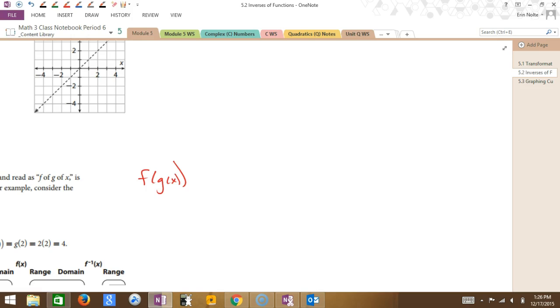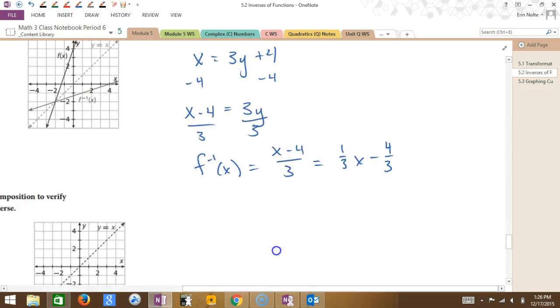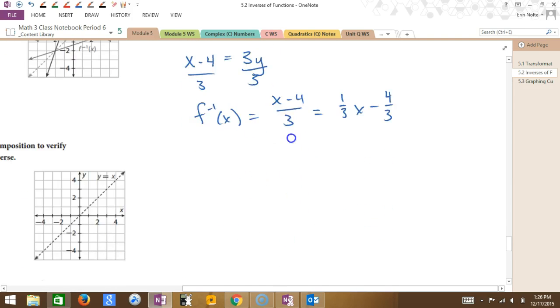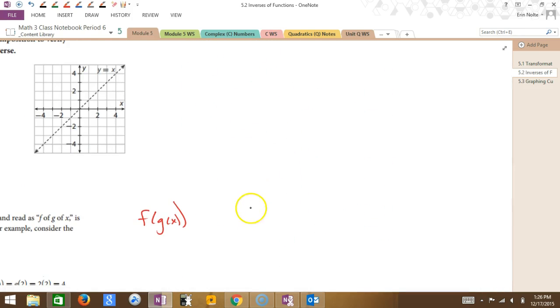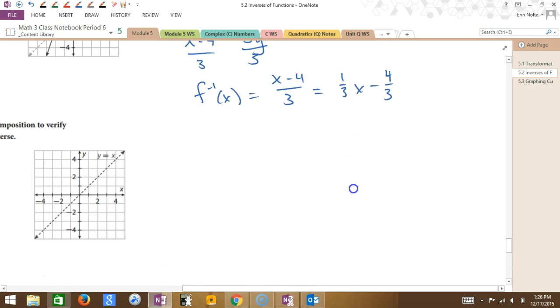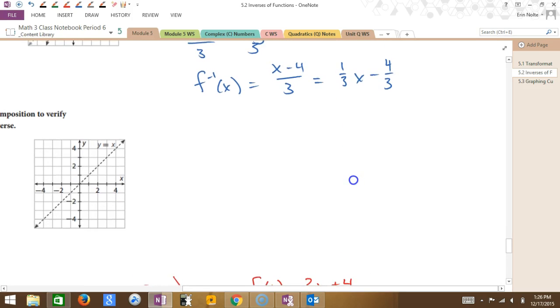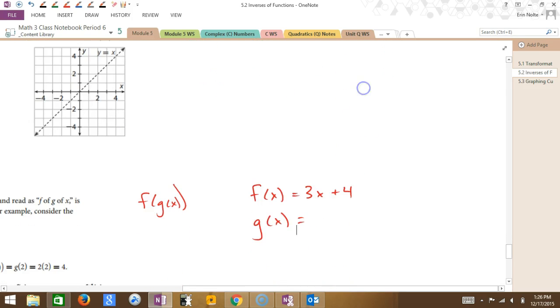Okay, this notation says this is f of g of x. That means I'm going to take the g and plug it into the function of the f. So if I take my original function way back up here, which was 3x plus 4, and I'm going to say my g of x is going to be the inverse that we found, the x minus 4 over 3.